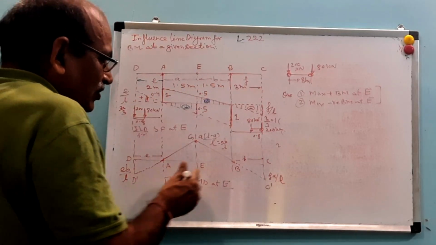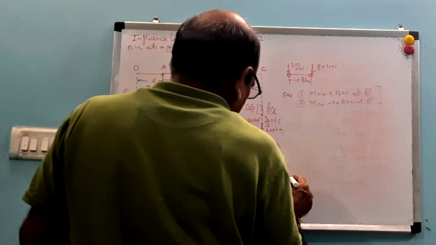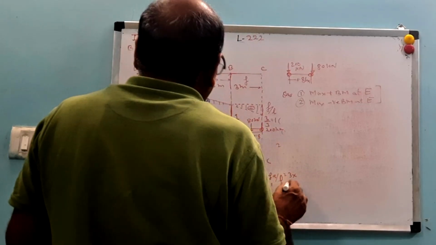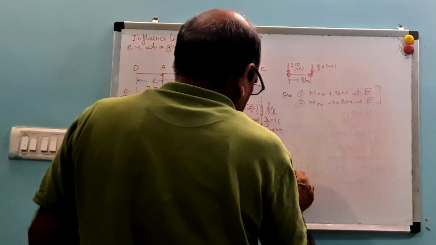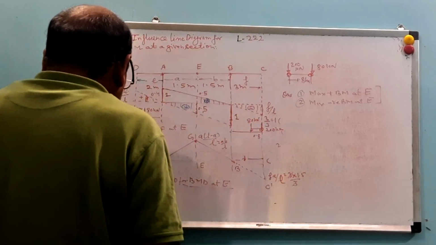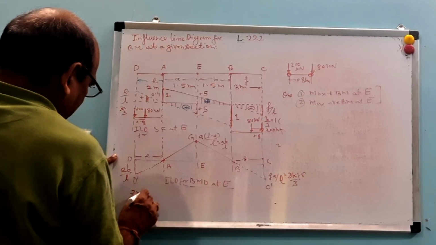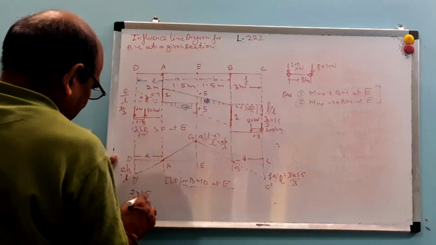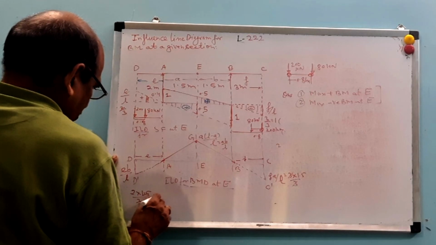So you can find out these values: FA by L, that is 2 into A, which is 1.5, divided by 3. So this is 1.5 meter, this is EB. EB is equal to 2 into B, which is 1.5, divided by L, which is 3. So this will be your 2, this is 1.